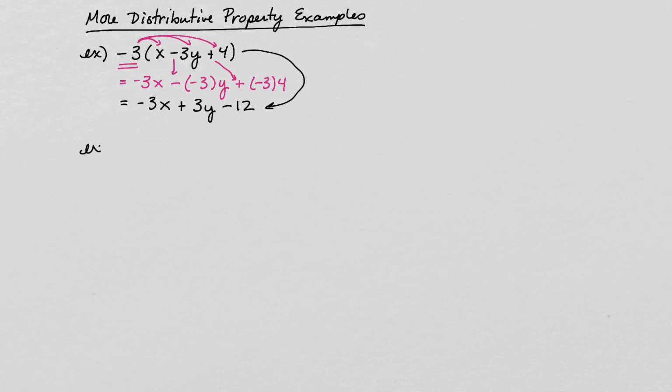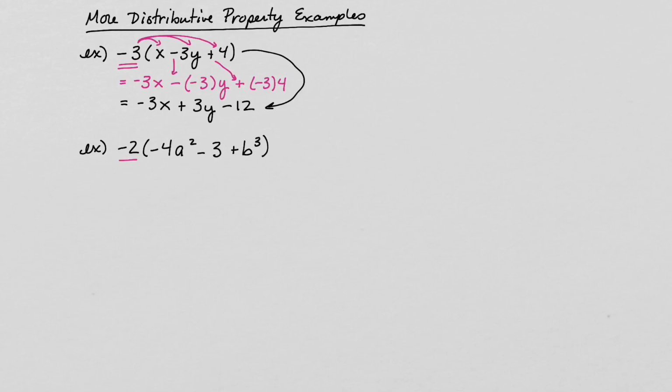Here's another one. -2 times -4a squared minus 3 plus b cubed. Again, inside the parentheses here, I have 3 pieces. There's some addition and subtraction going on.